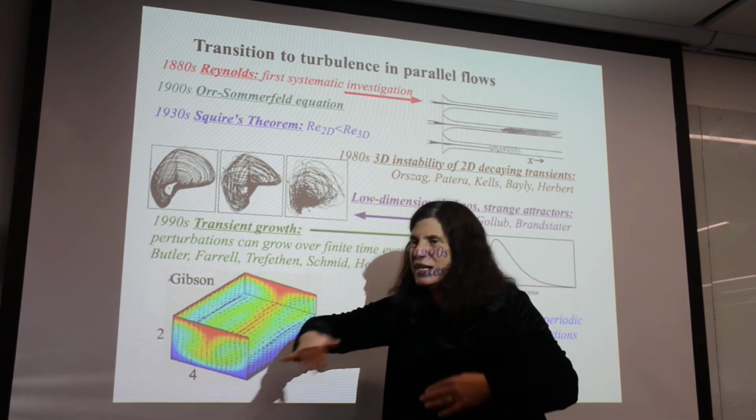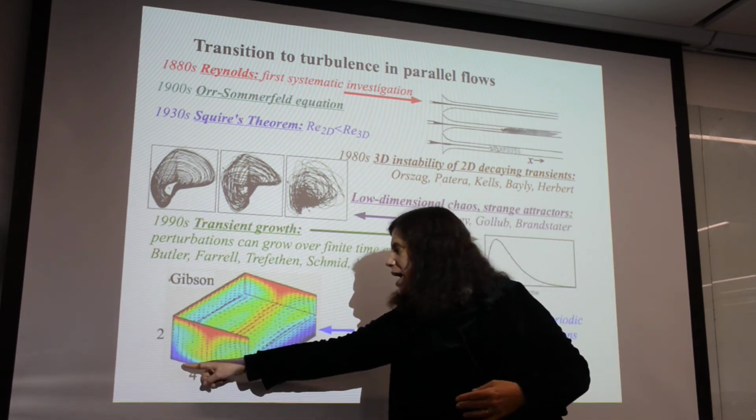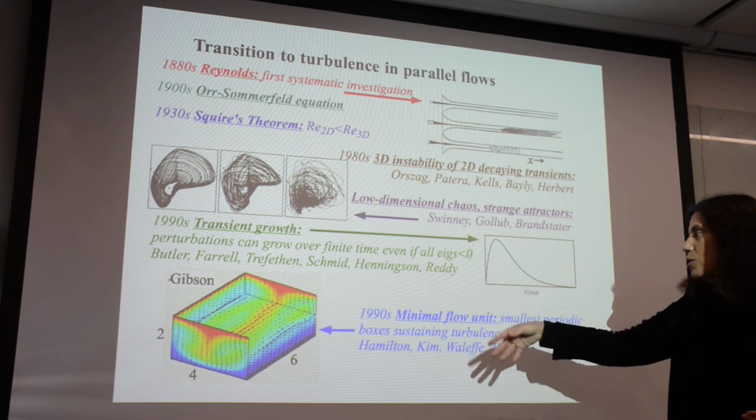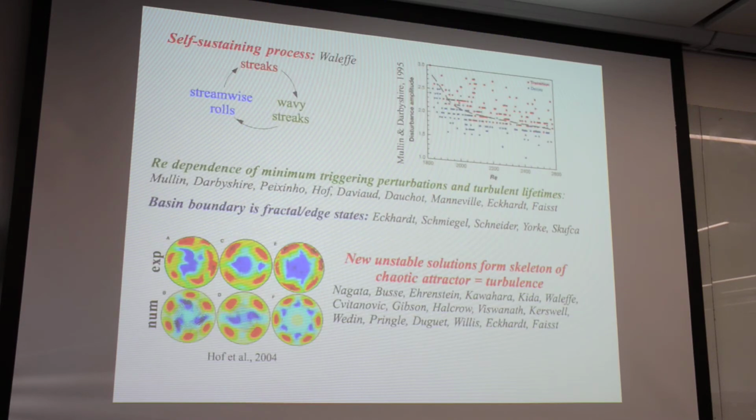By convention, one takes the height between the plates to be 2 in plane Couette flow, and they found that a box that was 2 by 4 by 6 could maintain turbulence at Reynolds numbers like 400. So it was quite feasible numerically by then. And so that began a big era of numerical calculation of turbulence in small boxes.